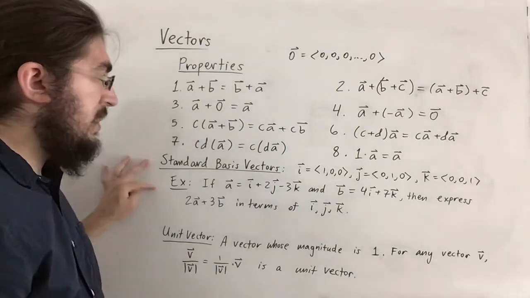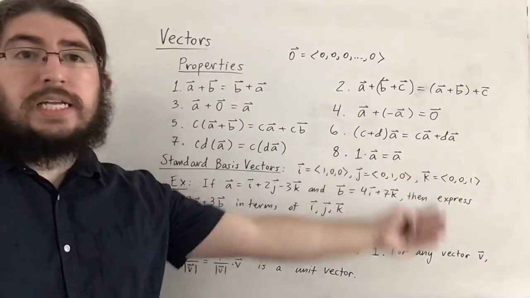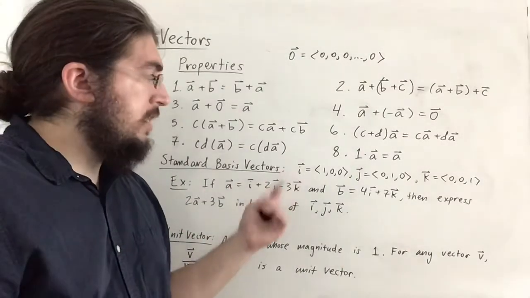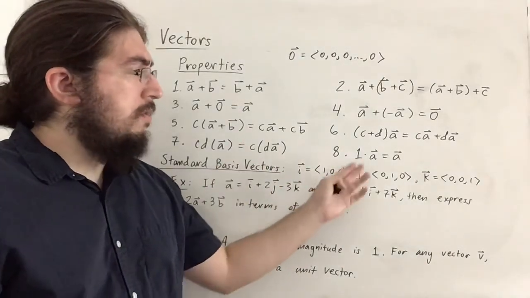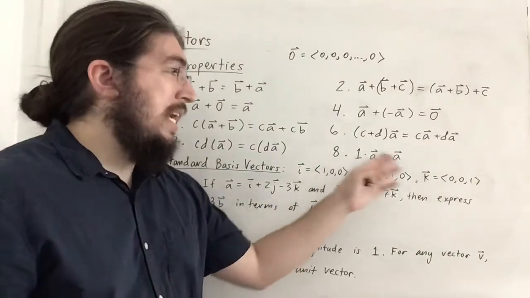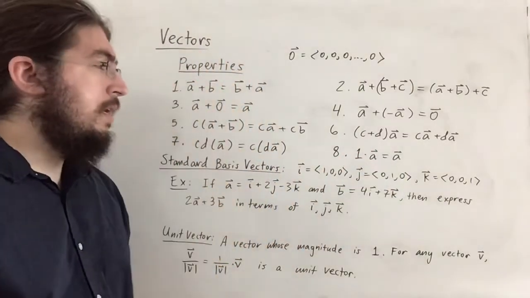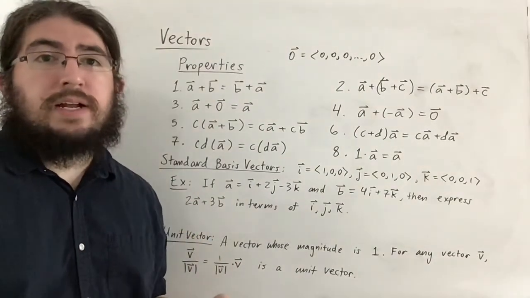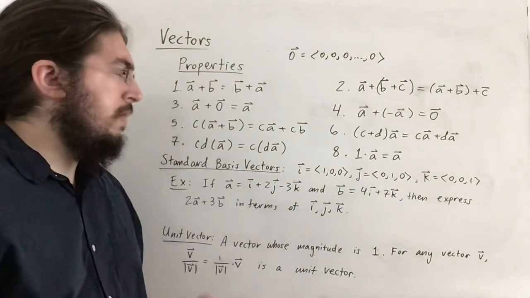Now we get into the standard basis vectors, which are i, j, and k. It's just alphabetical order, kind of like x, y, z, for instance. i is 1, 0, 0, j is the vector 0, 1, 0, and k is the vector 0, 0, 1. What the standard basis vectors basically do is represent a vector in a different way as opposed to component form.